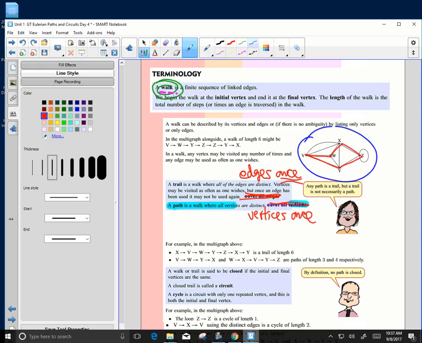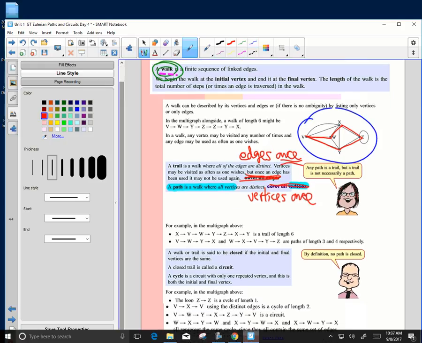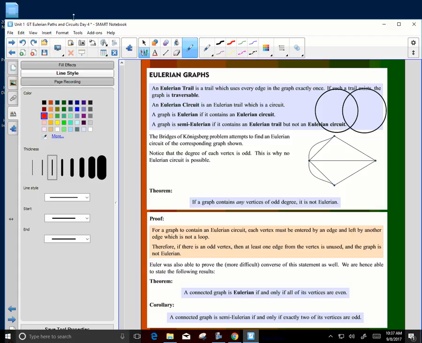There is a cycle, and it's also a circuit. We covered those once and only once. Good. All right, so for a multigraph, the loop Z to Z is a cycle. V X V, that's a cycle. So getting used to some of the terminology here.